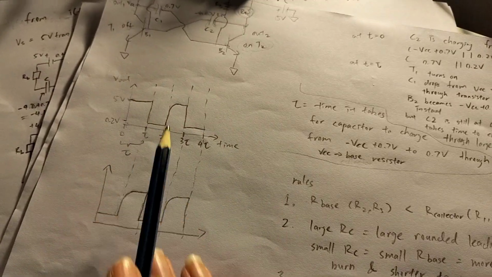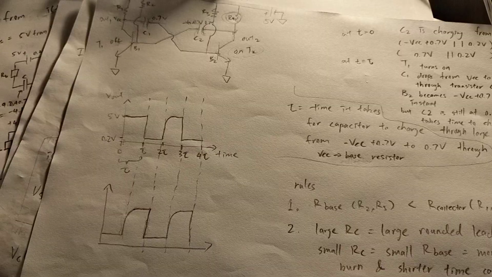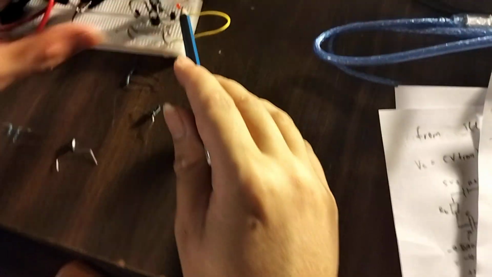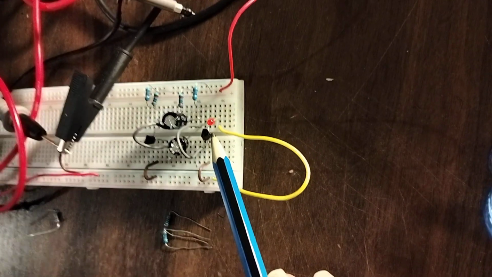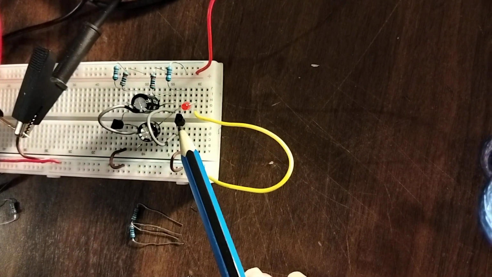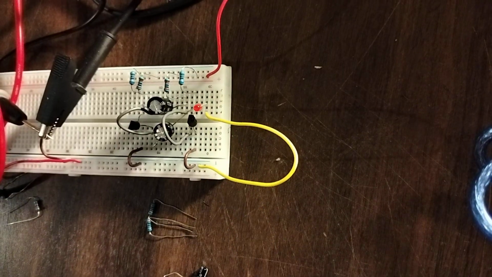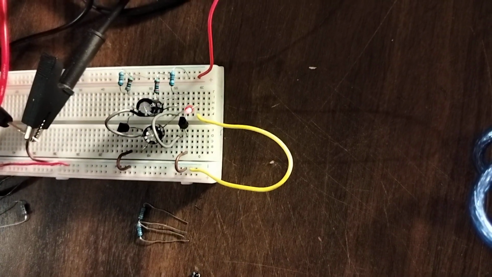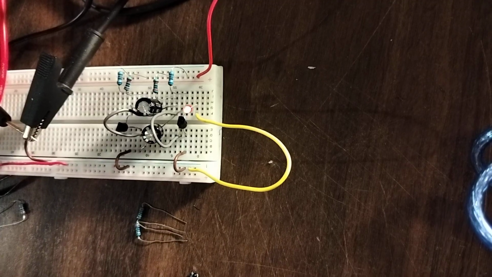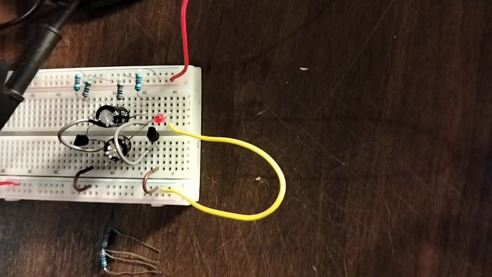That's why on my breadboard, you can see the light turns off basically immediately. I'm not sure if the camera is capturing that, but it turns on kind of slowly, getting brighter and brighter, and then it shuts off instantly. So that's what you see with that.